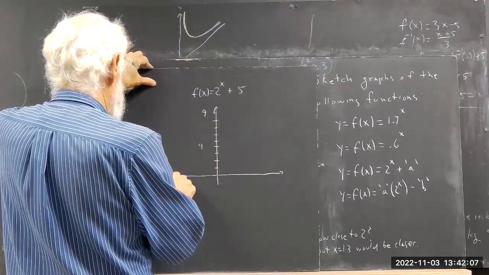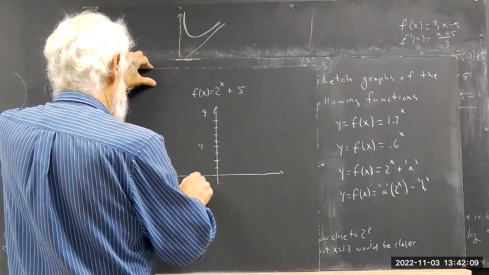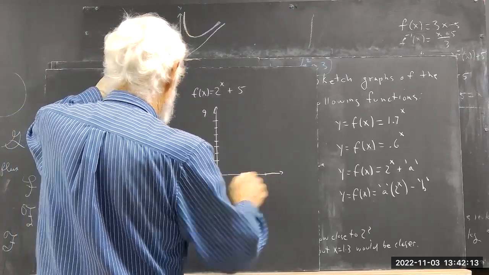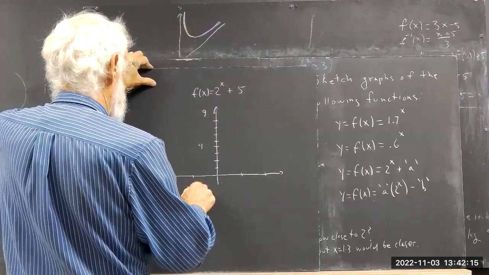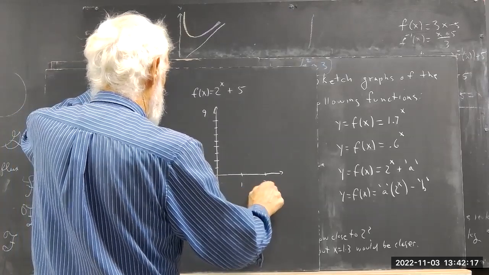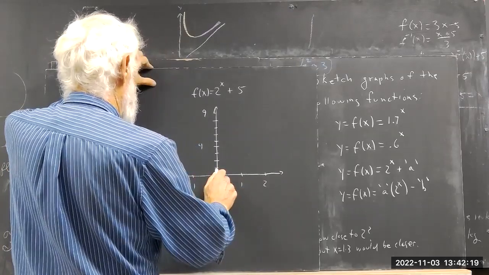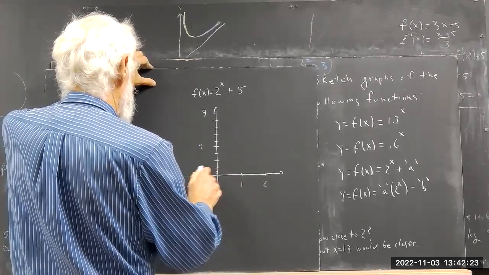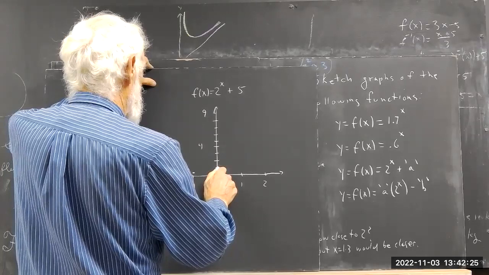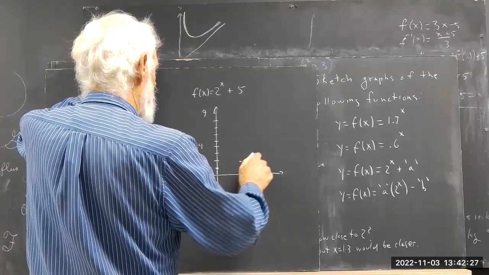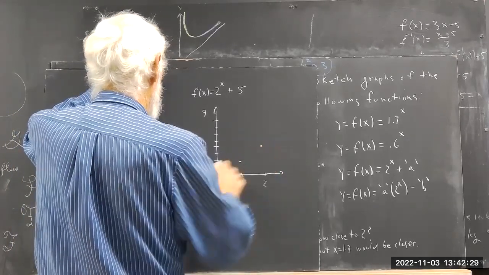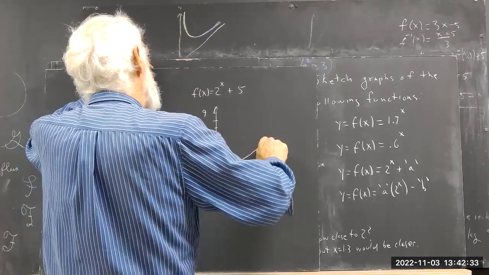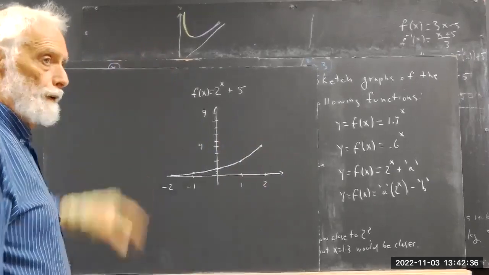Okay. So we're going to have our standard x scale in this case, negative 1, 1, 2. And we're going to have our usual graph of 2 to the x. So there it is.